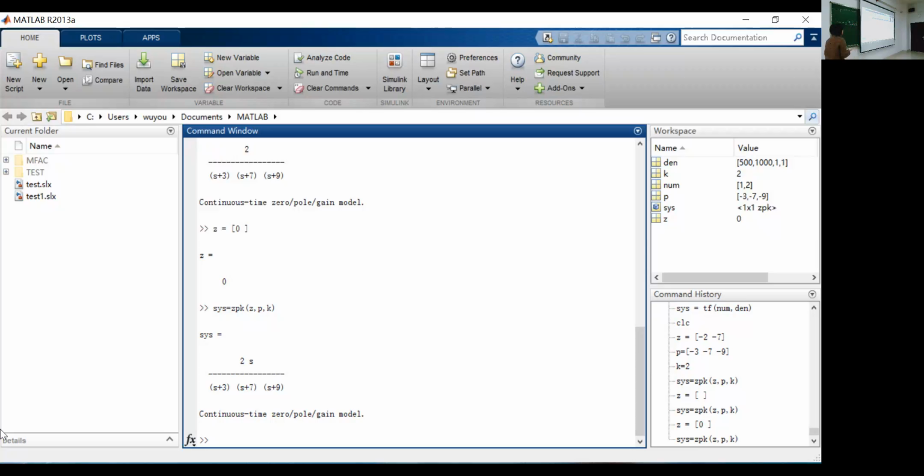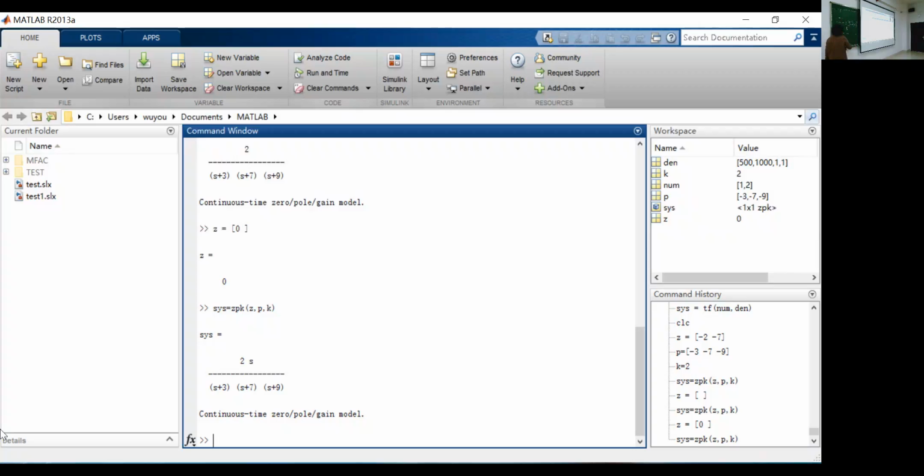And now, how to change this form into the TF form, like according to the order of S? This is ZPK form, right? And how to get the TF form of the same system?